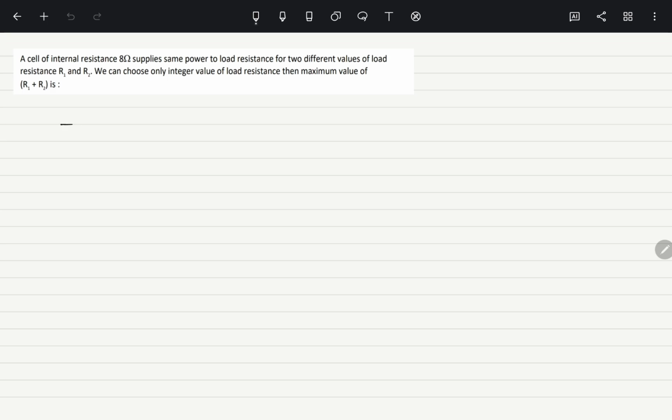So there are two circuits. This is one load connected with a cell with internal resistance R, and this is another circuit connected with the same battery with internal resistance R. It says that the cell provides same power to the two loads, R1 and R2. So what is the power supplied here? So we have power across R1 here. So I square R, that is the formula I am going to use.